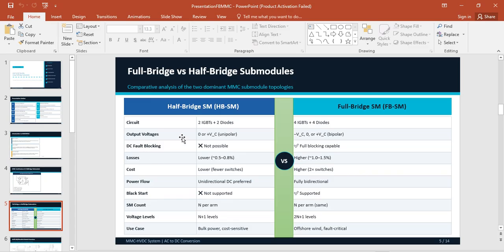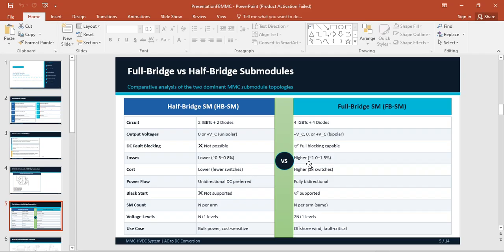As I told you, the half bridge has two switches and a capacitor, and no DC fault blocking capability, because whenever a fault occurs all the switches are turned off, so there is no possibility of DC fault blocking, whereas in full bridge we have DC fault blocking capability. Losses are less in half bridge because the number of switches is less, and losses are higher in full bridge submodule.